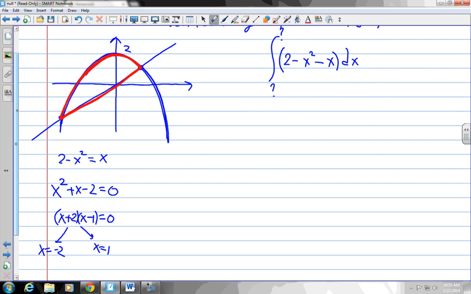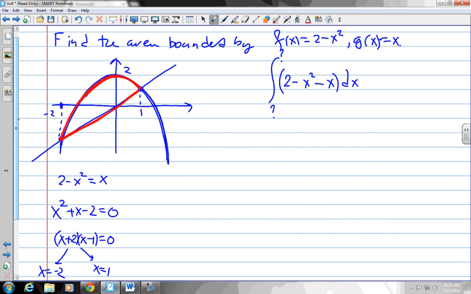This is -2 right here. So we'll be integrating from -2 to 1, 2 minus x squared minus x dx. Yeah, that way around. Sorry.